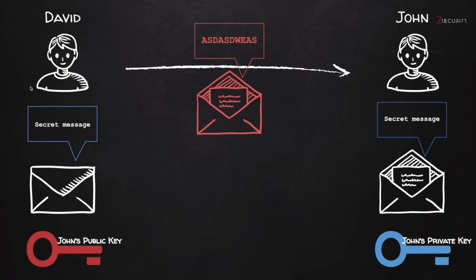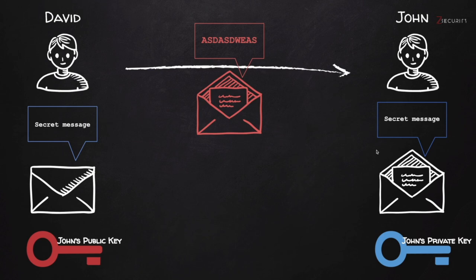Not only that, but when David encrypts something with John's public key, he can be rest assured that nobody can decrypt this message except for John, because John is the only one that has the private key, and his private key should never be shared if John knows what he's doing, because there is no point of sharing it. Even if he wants 100 people to send him messages, all he has to do is share his public key and not his private key.